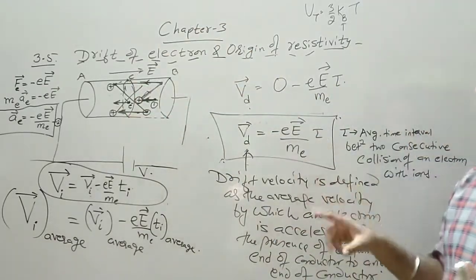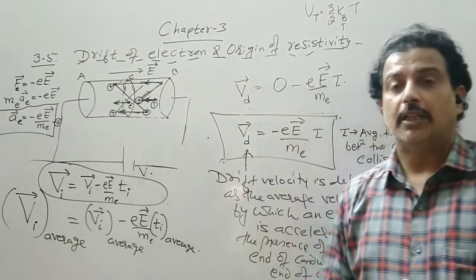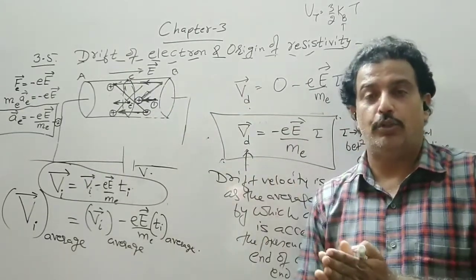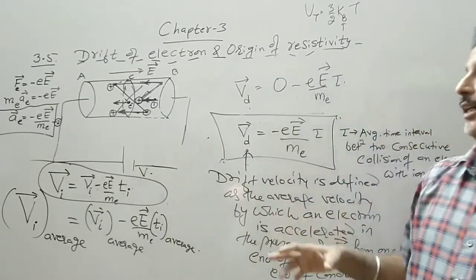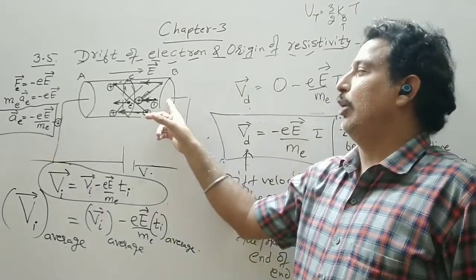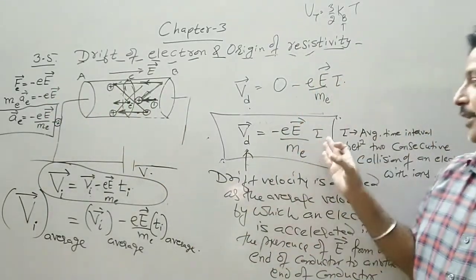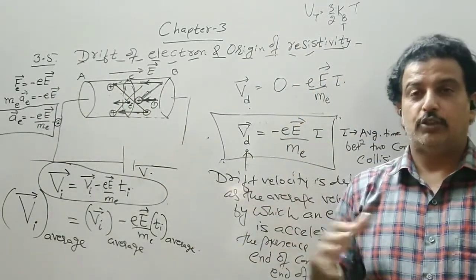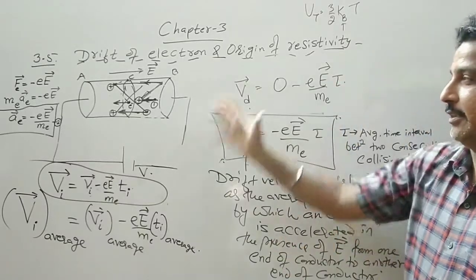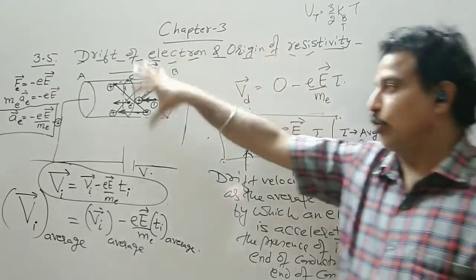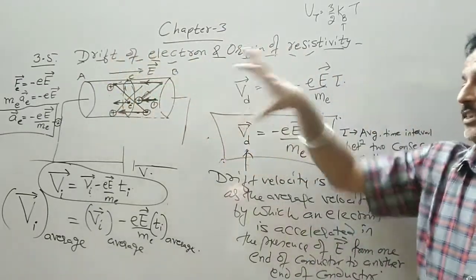It is the time between two consecutive collisions of an electron. So it is not that an electron enters at 12 o'clock and comes out at 1 o'clock, so you cannot take tau as 1 hour. This is not the situation. We are discussing the origin of resistivity, so at the microscopic level, this is the situation.